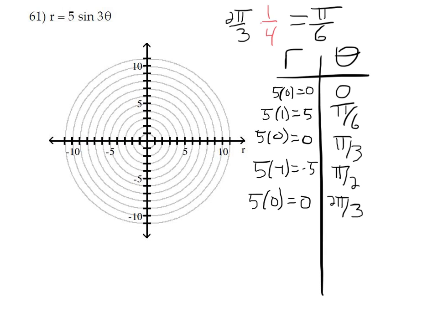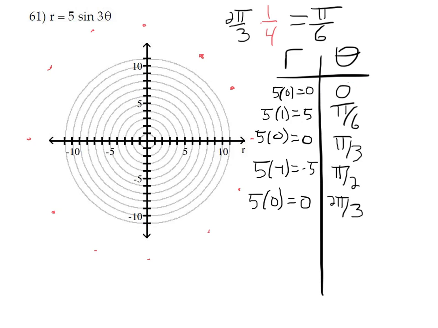All right, now the directions: pi sixths, pi thirds, pi halves, 2 pi thirds. I'm basically dividing each quadrant into 3 equal parts. These are the directions we're going to be facing as we walk through this.